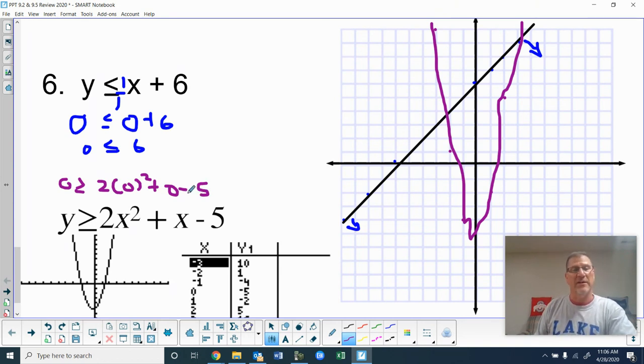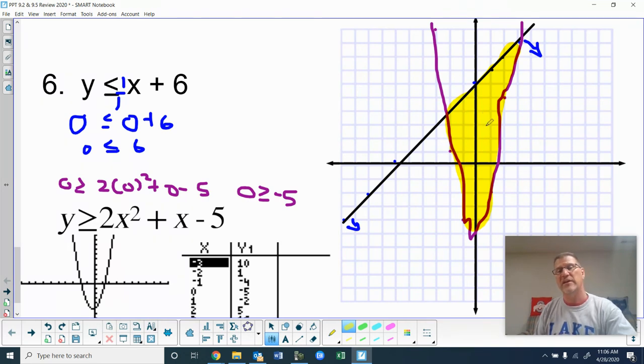Well, that's all 0. Minus 5 is -5. So that's true. 0 is greater than or equal to -5. So I'm going to go to the inside of this. My highlighted area would be inside the parabola and bottom right of that. So in here. Again, my parabola is kind of shaky, but you guys get the idea.